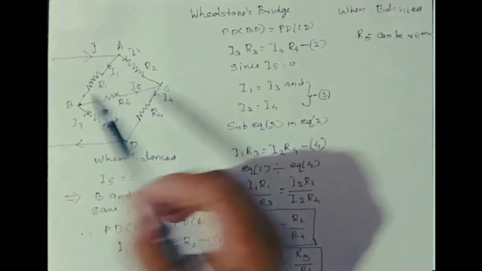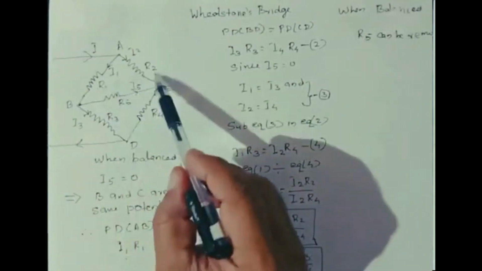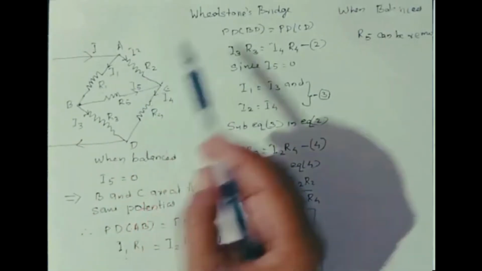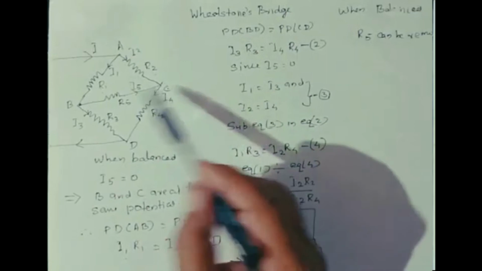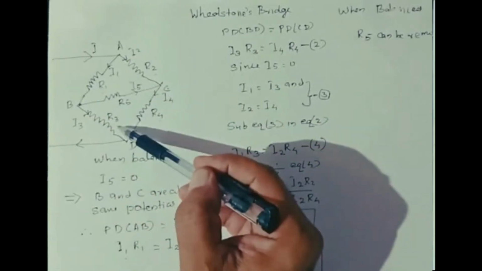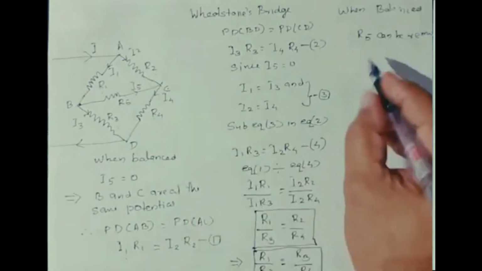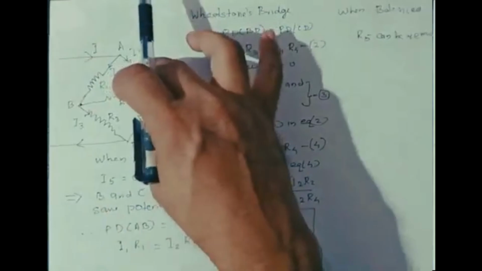Then what we are left with is R1, R2, R3 and R4. When you look at this circuit, you can see that R1 and R3 are in series and R2 and R4 are in series. So the effective resistance will be, you can say, this branch and this branch.